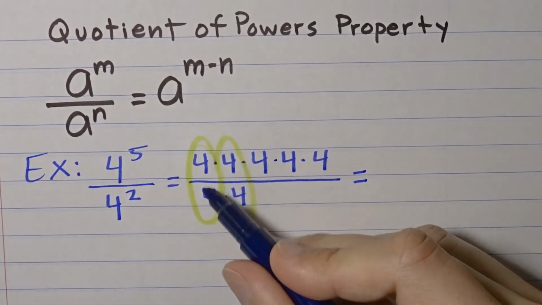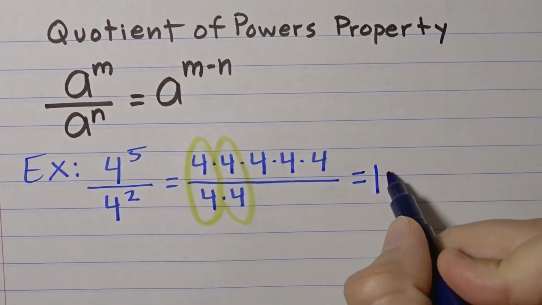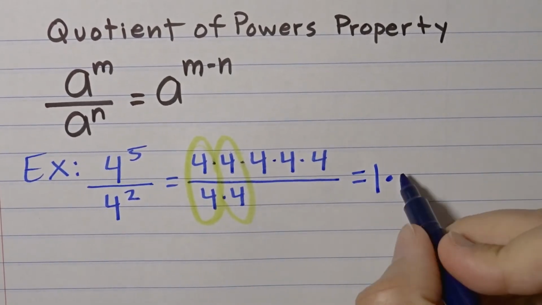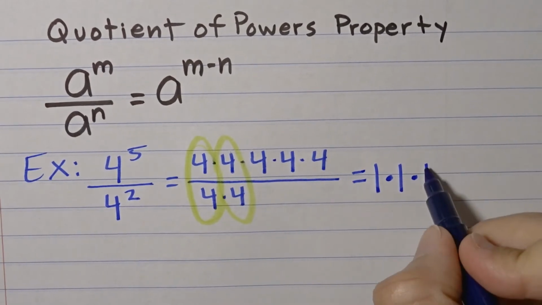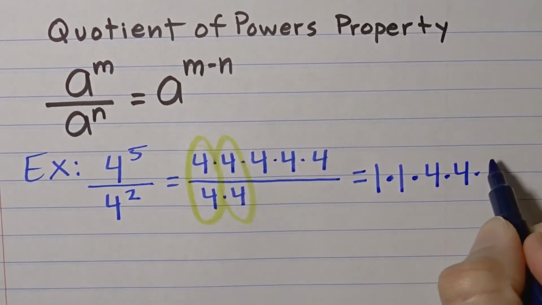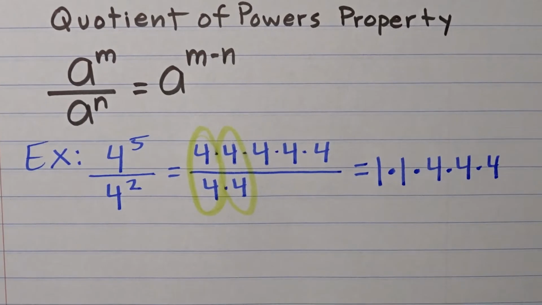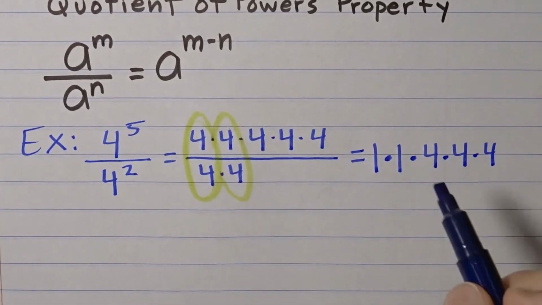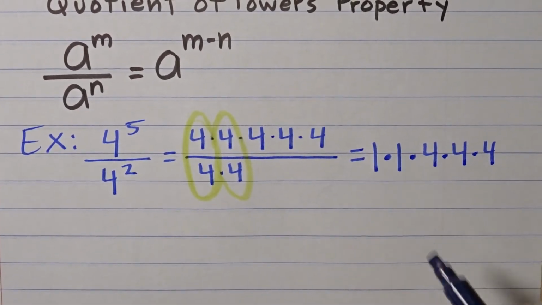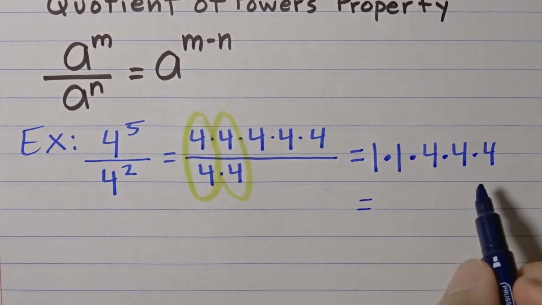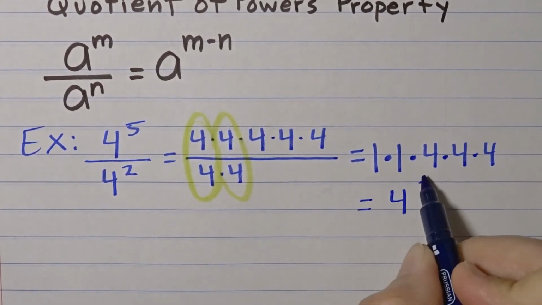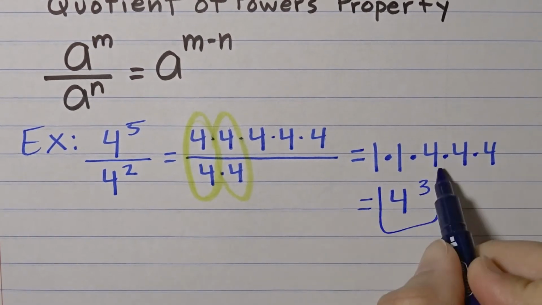I have 1, 4 divided by 4 is 1, another 4 divided by 4 is another 1, times 4 times 4 times 4. Now this expression, clearly 1 times 1 is irrelevant because nothing changes when you multiply by 1. So now we're just left with 4 to the 3rd power. And that is my answer.